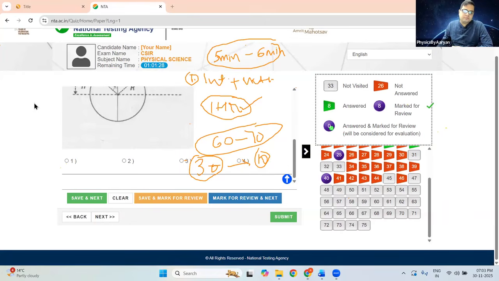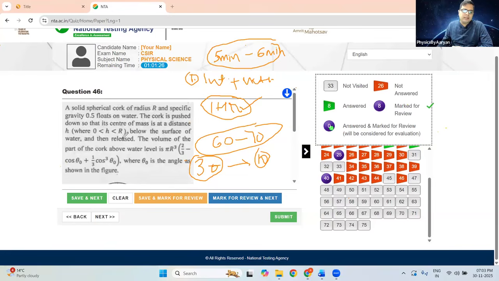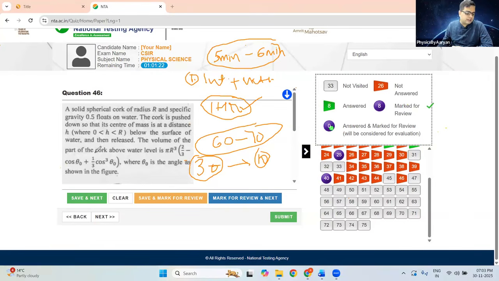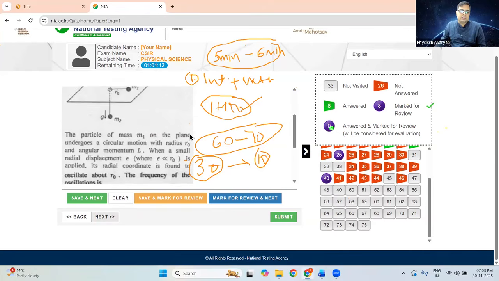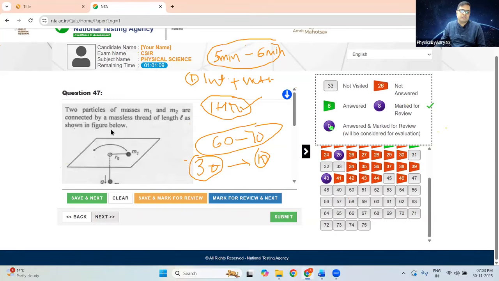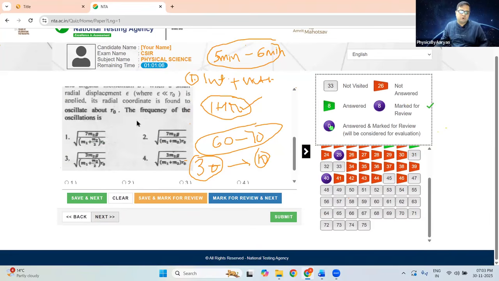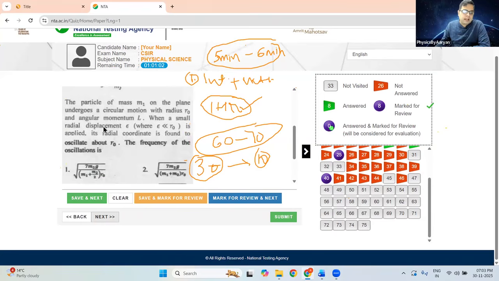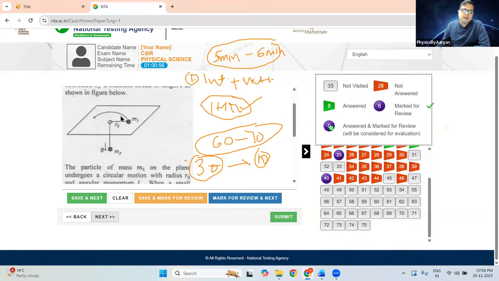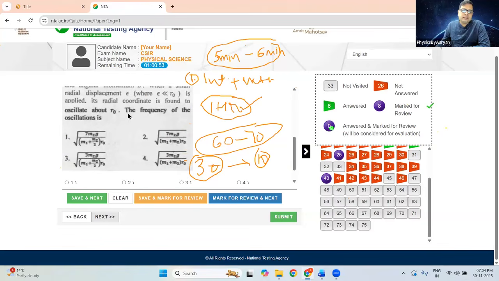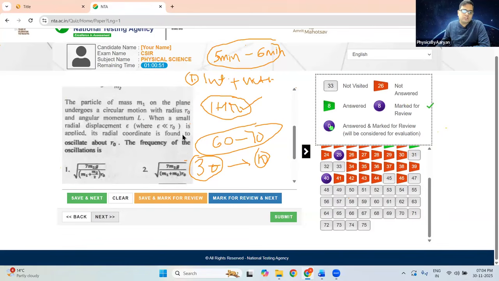Now see what happened. First question, I know this is completely application based, meaning it will take full mind. There is no fixed procedure for this question. No one would have studied any fixed procedure for such questions. So this is not a question to do. Okay, what to do here: the frequency of oscillation, small oscillation. I can set up the Lagrangian and apply the small oscillation method. So in this question I have a mechanism. I look at the diagram, some information is given, and the last statement is frequency of oscillation. It means the question is from small oscillation.